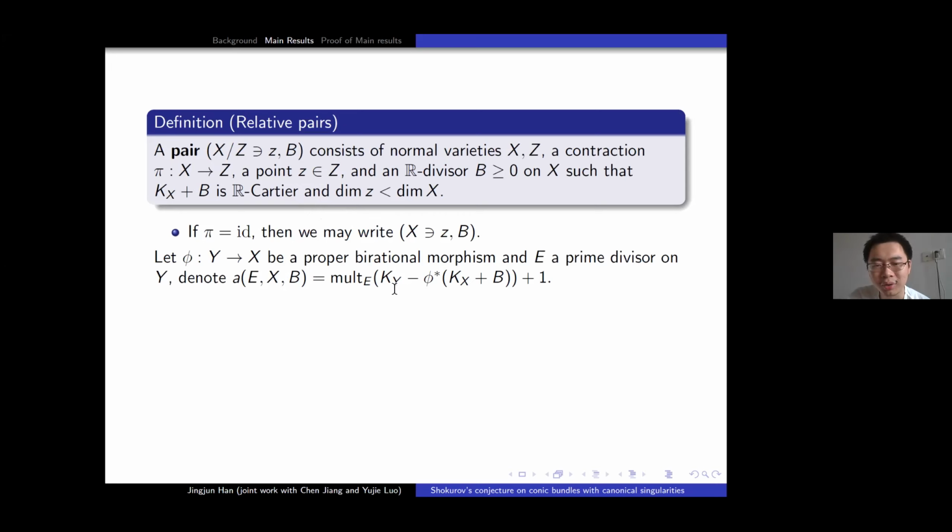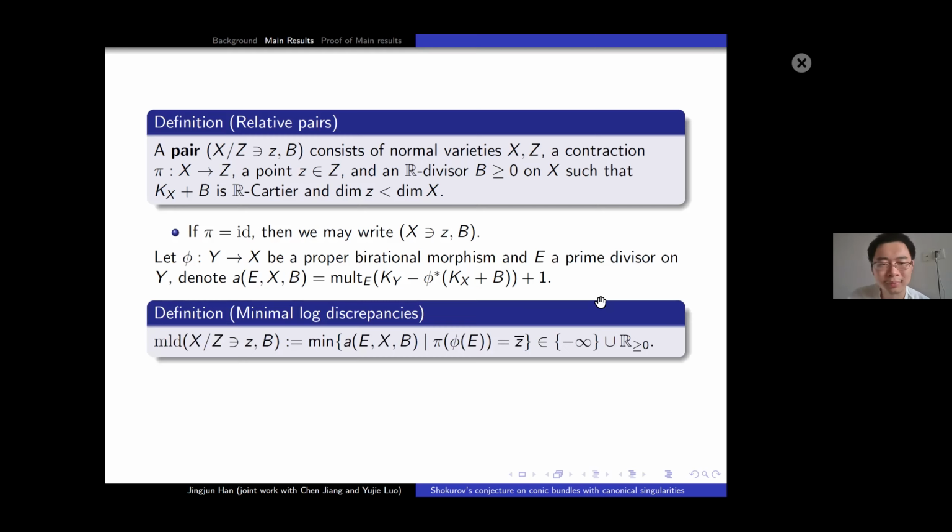It is equal to K_Y minus the pullback of K_X plus B, computing the multiplicity of E, plus 1. Then I can define the MLD of a relative pair. Here, the MLD of this relative pair is equal to the minimum of a(E; X, B).